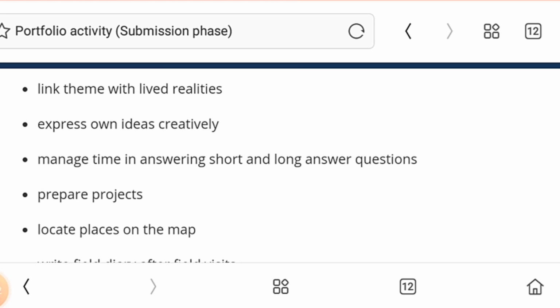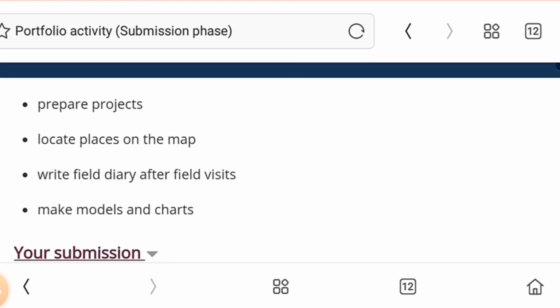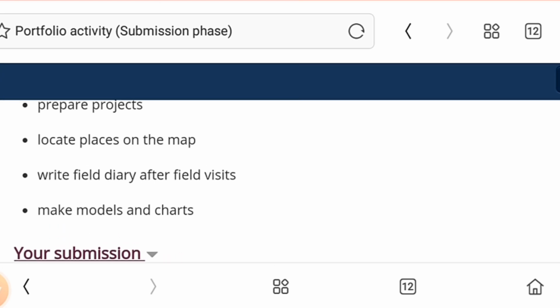Prepare projects. Locate places. Write the field diary after field visits. Make models and charts. These are the subheadings they have given you to present a good portfolio.